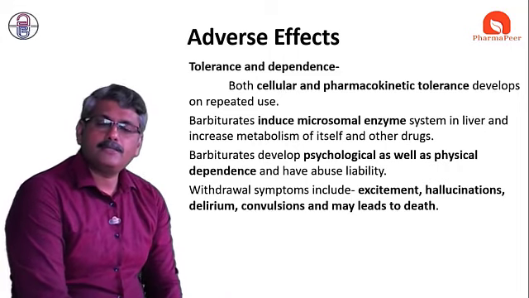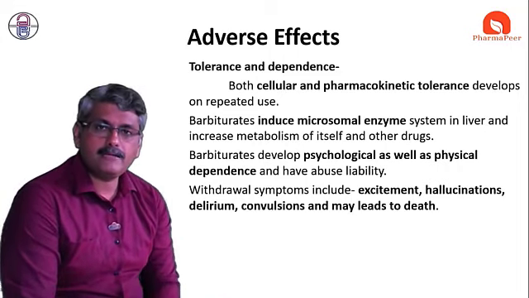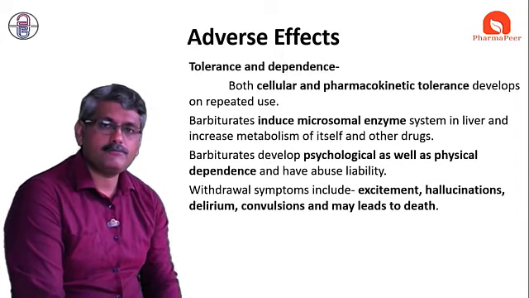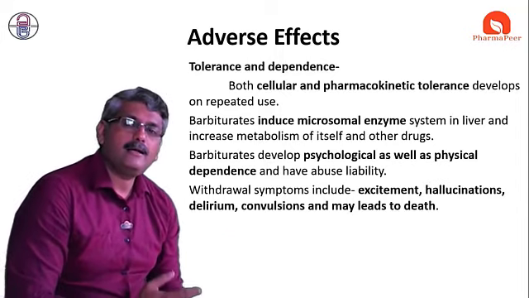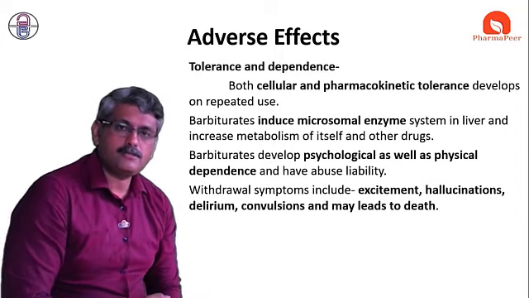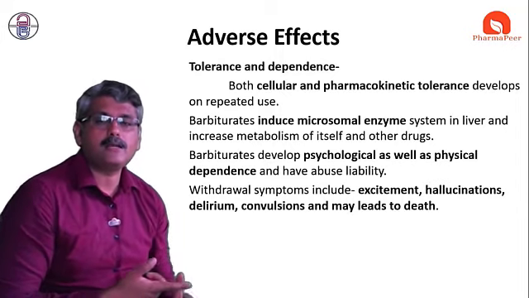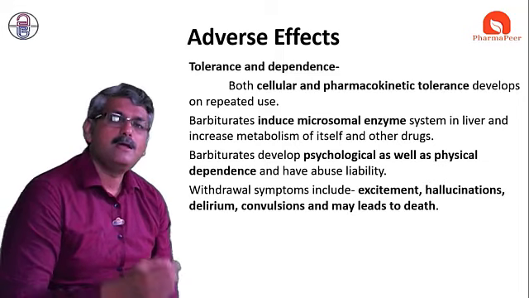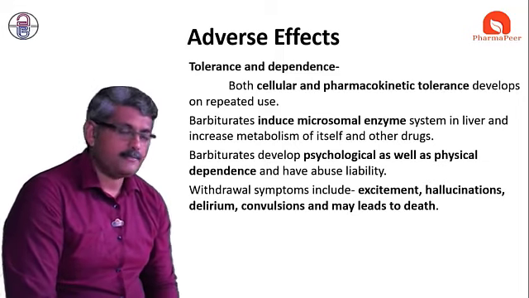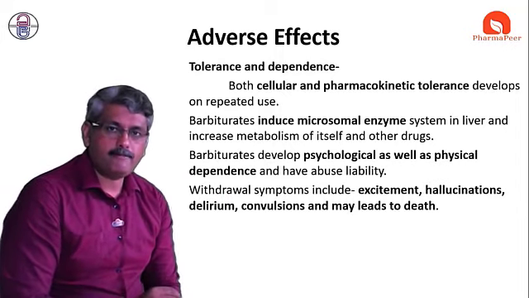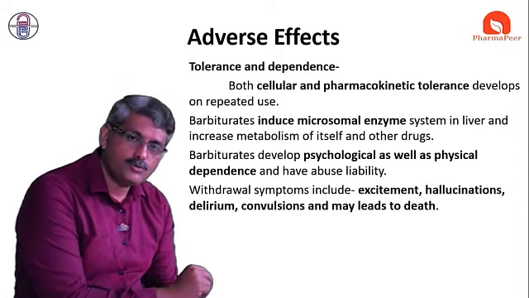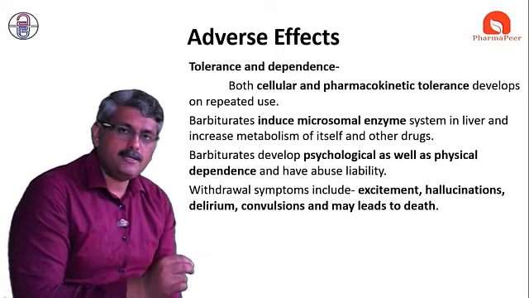So this is about the different pharmacological actions of barbiturate on different systems of the body, like the central nervous system, cardiovascular system, respiratory system, skeletal muscle, and smooth muscle. And what are its possible adverse effects depending upon its use, as it is dose dependent.